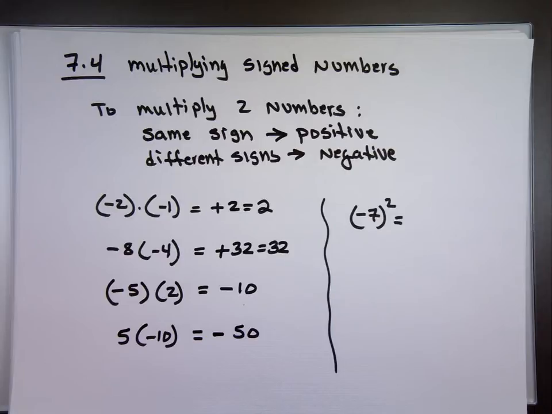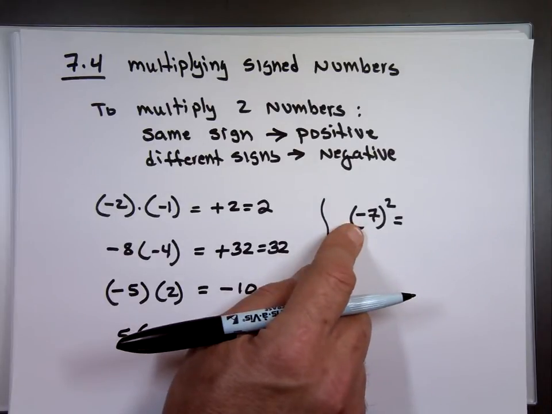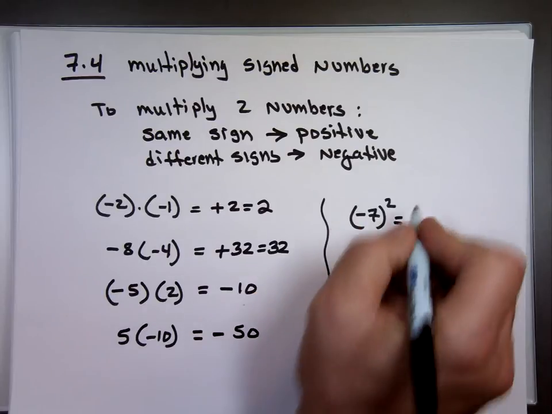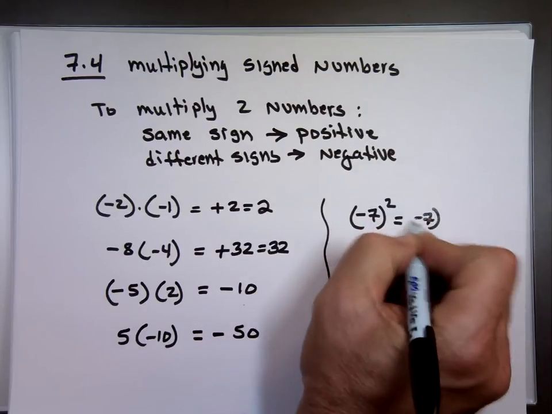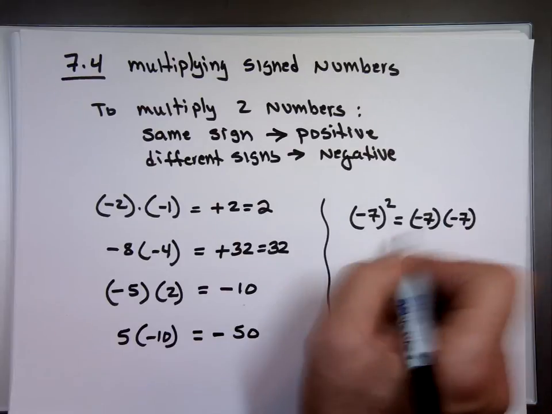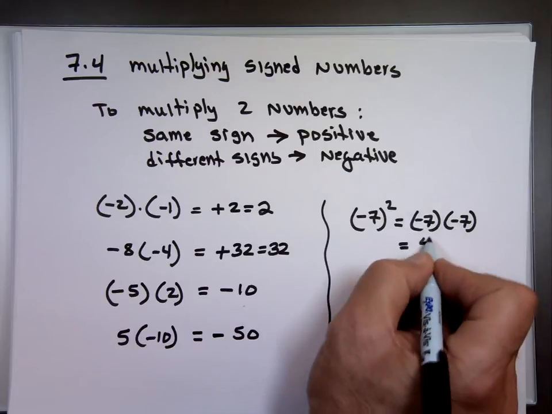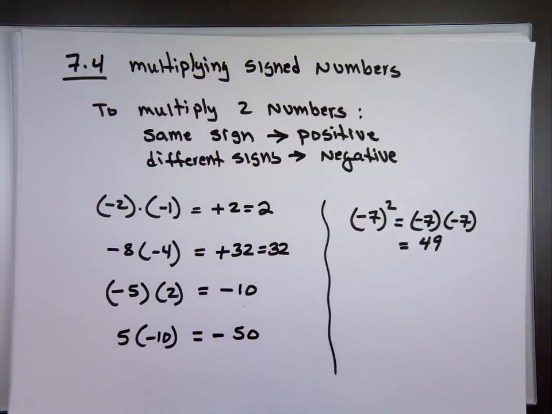It's 49. What does that mean when something is squared? Multiply it by itself, right? So negative 7 times a negative 7. Do these two numbers have the same sign? Mm-hmm. The result is positive. 7 times 7, 49.